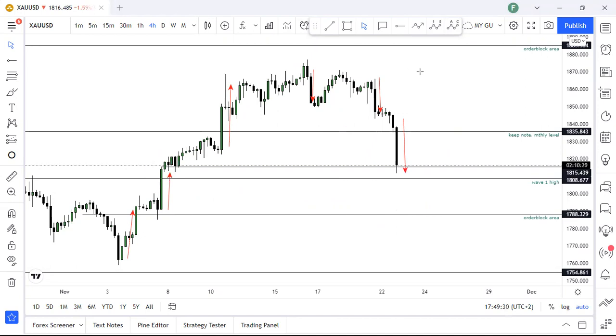So if we have 3 already, that means price could want to reject from this area, unless this is 1 and this is 2, then we have some consolidation that needs to be done around this area for price to give us our 3 for it to go higher. All right, so this is the potential of what could happen.